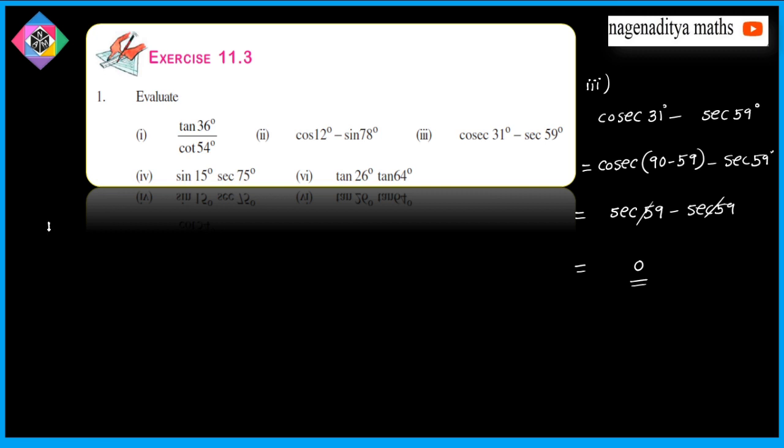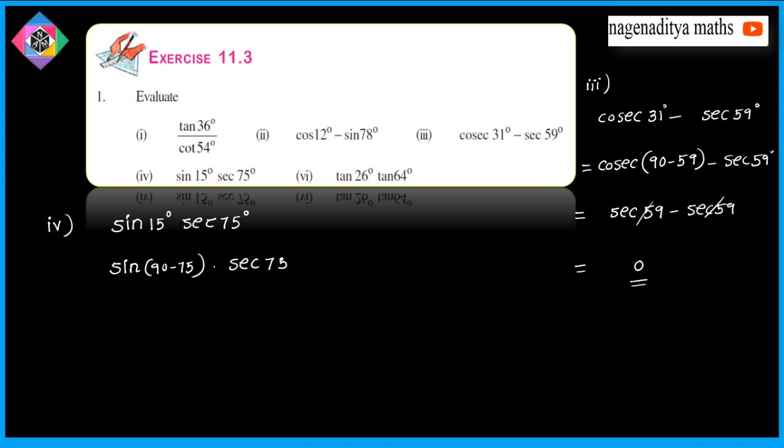So fourth problem: sin 15 degrees multiplied by secant 75 degrees. I am going to write sin 15 degrees as sin of 90 minus 75, since 90 minus 75 is 15, and here secant 75.